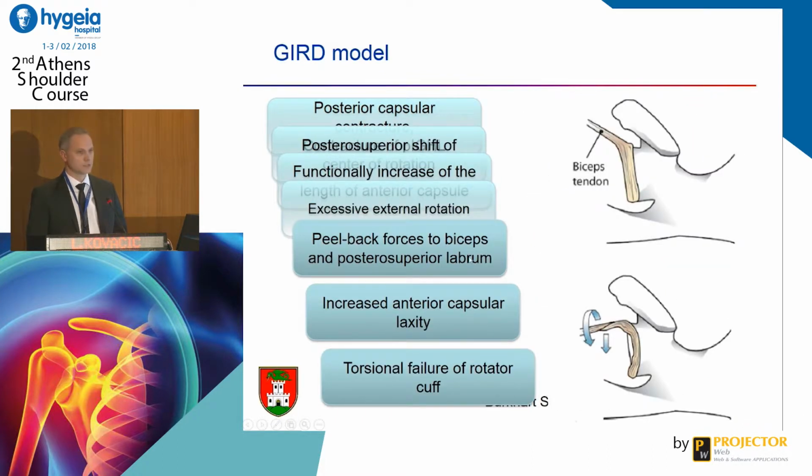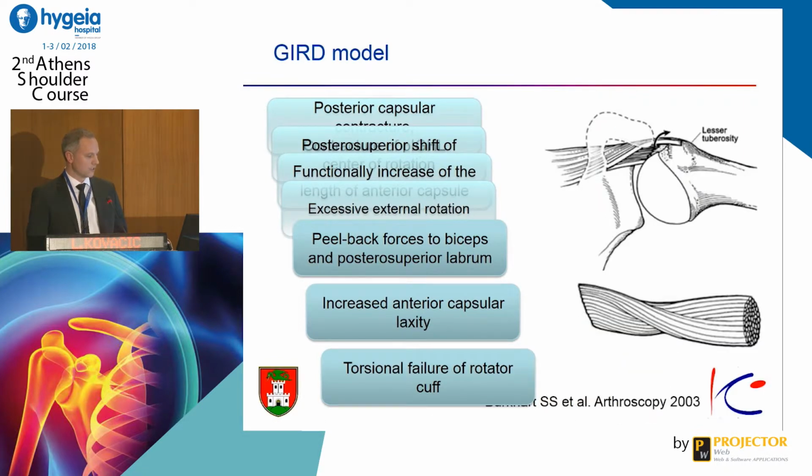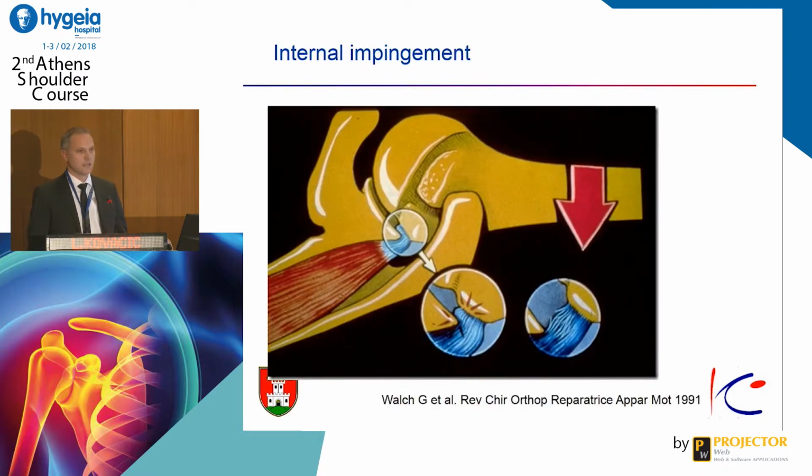And then, because of this microinstability, we have peel-back forces to the biceps and posterior superior labrum. There is also increased anterior capsular laxity, and this may lead also to torsional failure of the rotator cuff. So internal impingement is the second model, which can be very useful in practice.